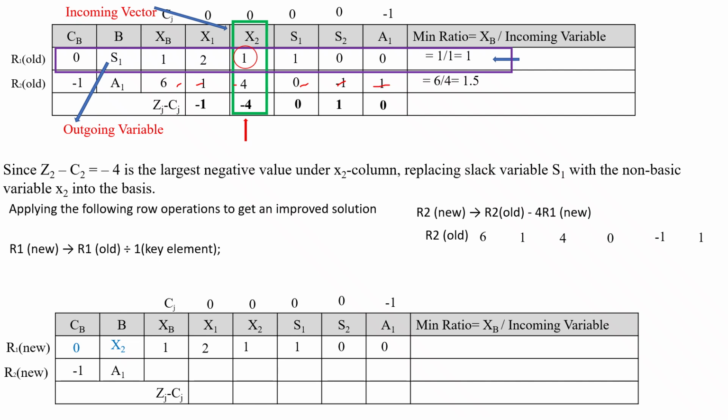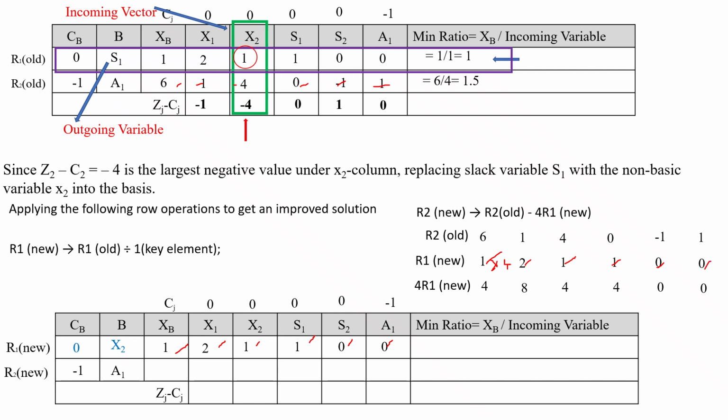Next write down the R1 new elements: 1, 2, 1, 1, 0 and 0. Next we do the operation 4R1 new. Multiply all the elements by 4, so 4R1 new becomes 4, 8, 4, 4, 0, 0. That is, 2 into 4 is 8, 1 into 4 is 4, 1 into 4 is 4, 0 into 4 is 0, 0 into 4 is 0.